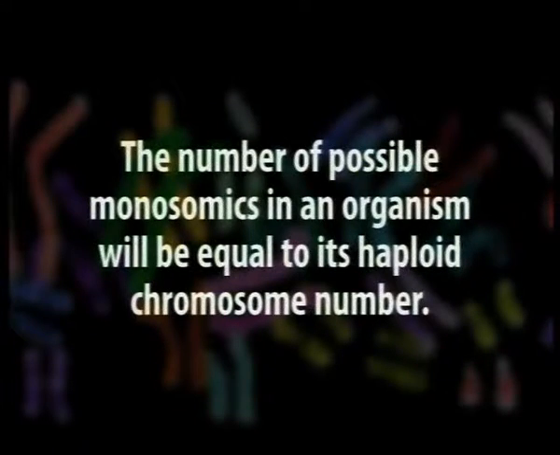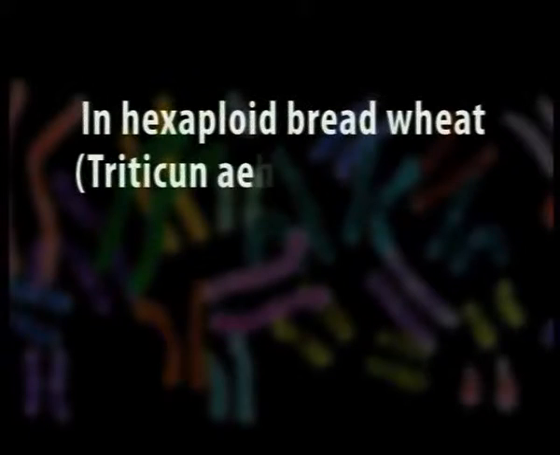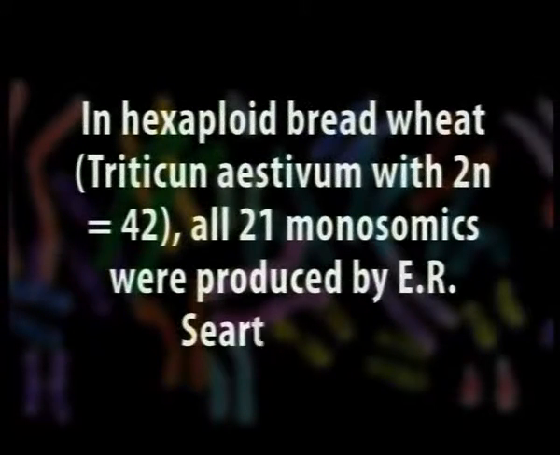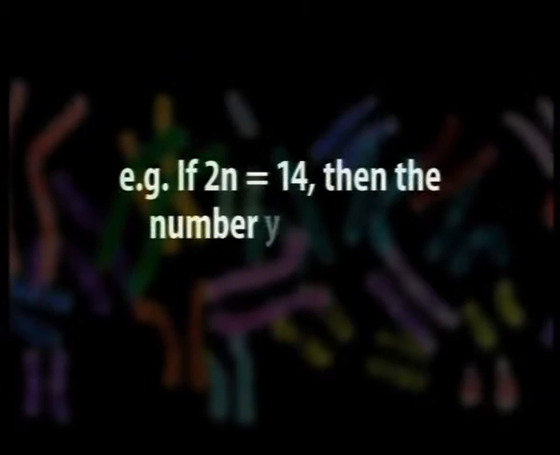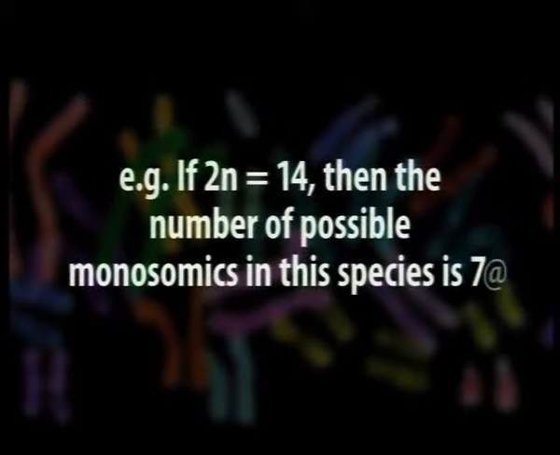Say, for example, in hexaploid wheat where 2n is equal to 42, the number of possible monosomics is 21, whereas in another species, for example, where 2n is equal to 14, the number of possible monosomics is 7.